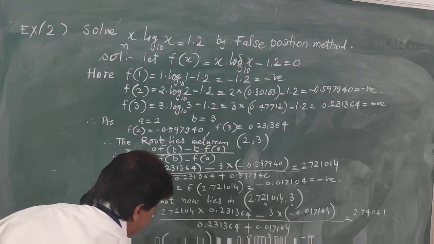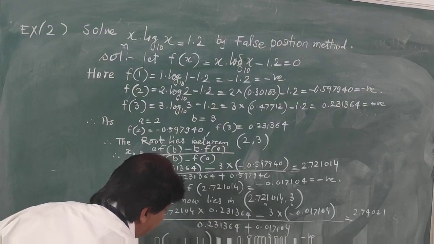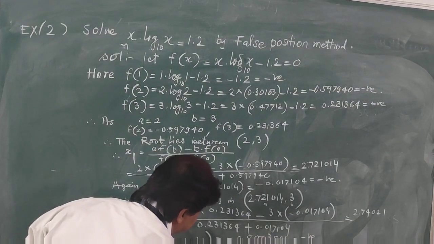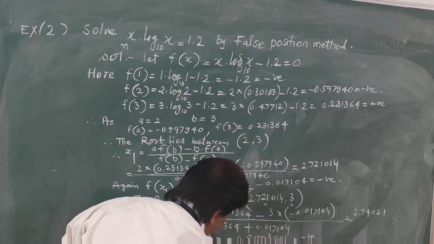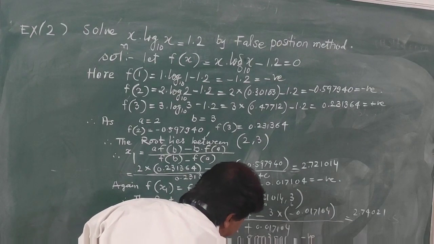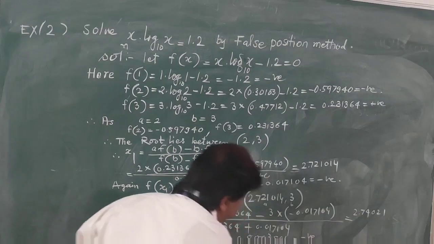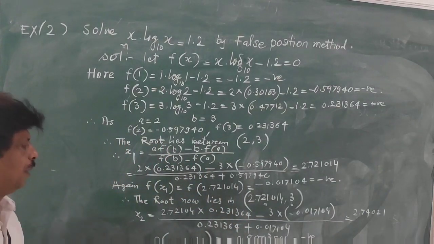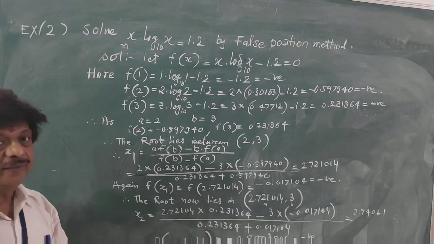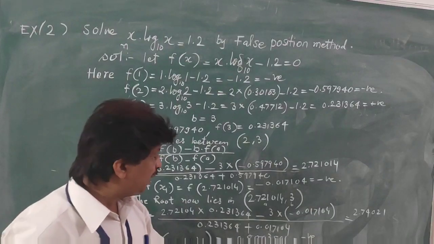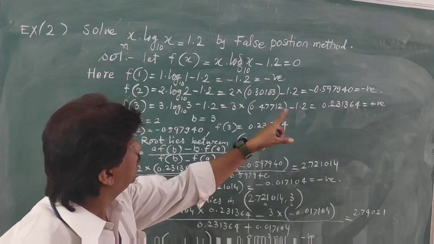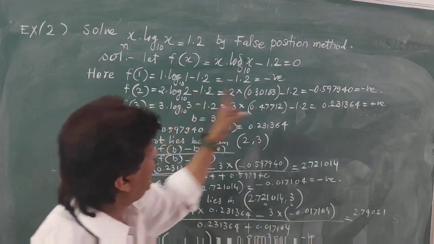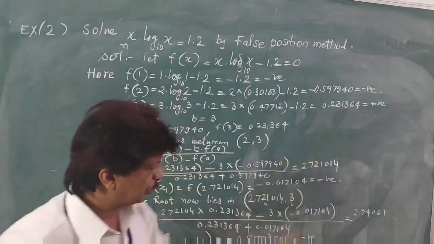Thus the root lies between 2.74021 and 3, because the f value of this is negative and f of 3 is positive.